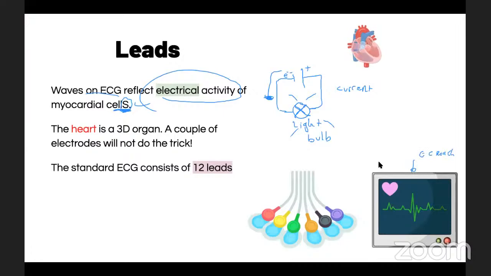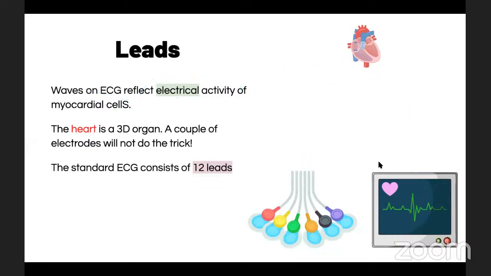If we replace the light with a voltmeter, the voltmeter reads how much current we have. So this ECG will read the electrical activity that we have and draw it and tell us repolarization, depolarization, and all of that.